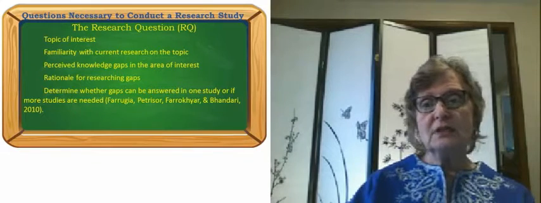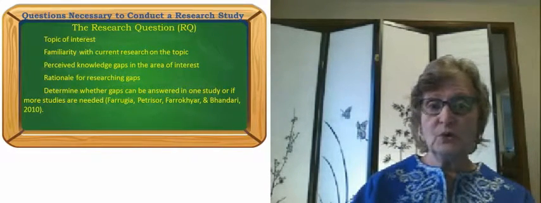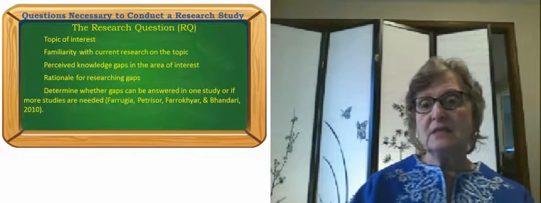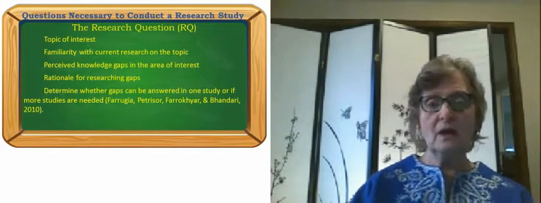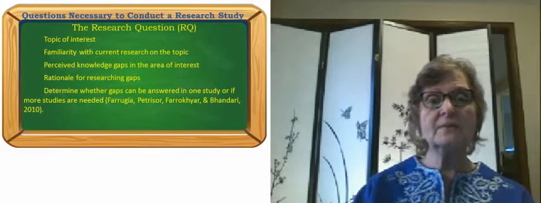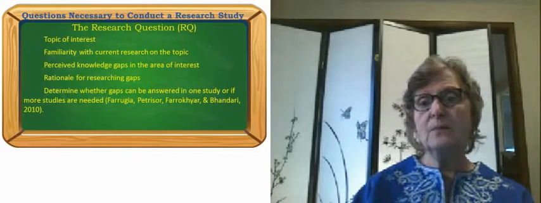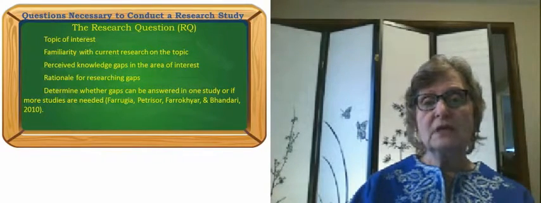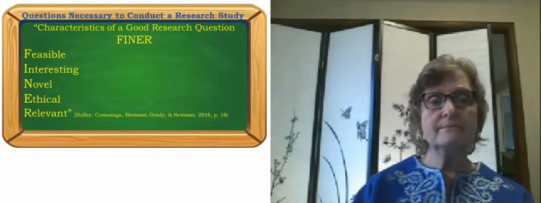The researcher needs to have identified knowledge gaps in the current research. He needs to have a rationale for doing that research and for closing those research gaps. And he needs to determine whether the research gaps can be closed in only one study or more than one study needs to be completed.